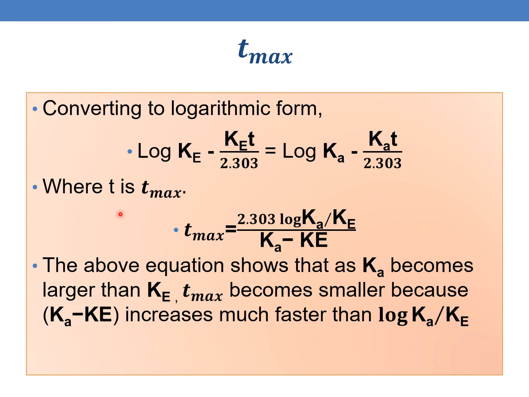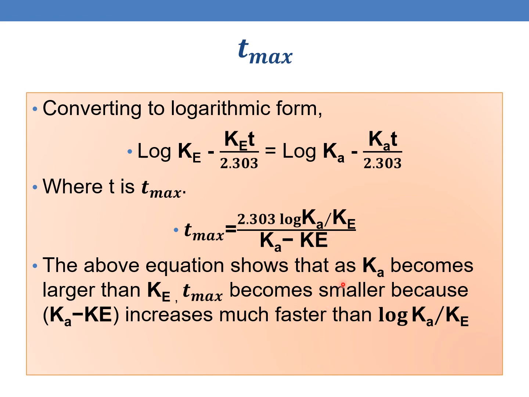And whenever t is Tmax, Tmax is equal to 2.303 log Ka by Ke divided by Ka minus Ke.